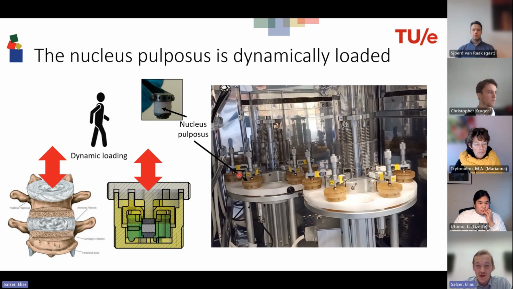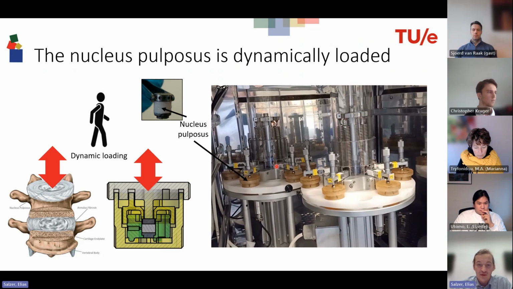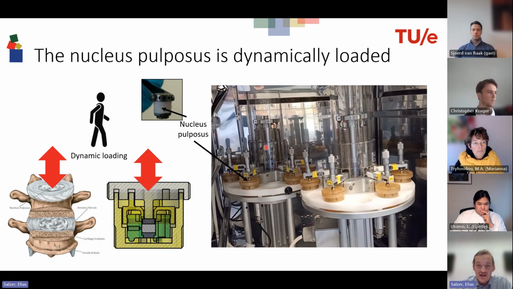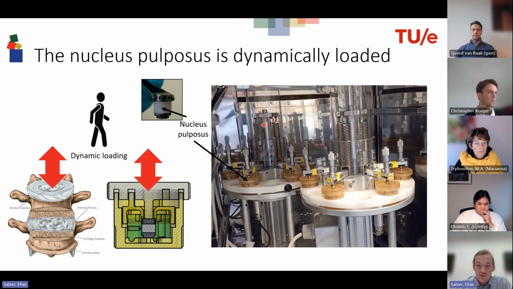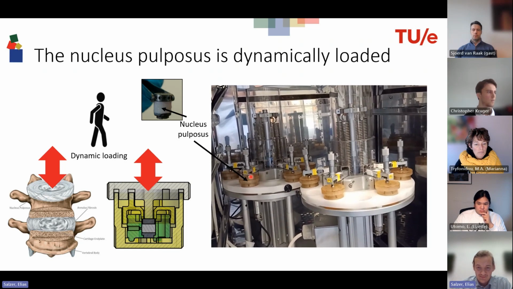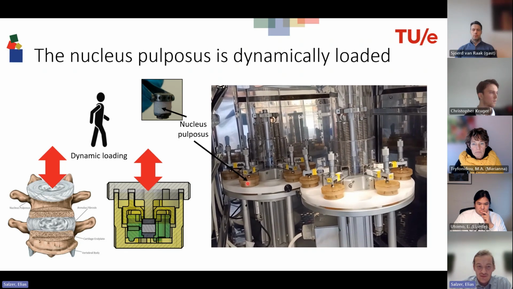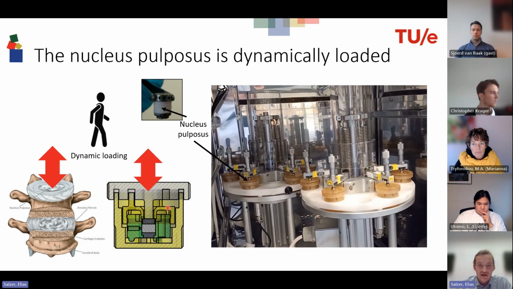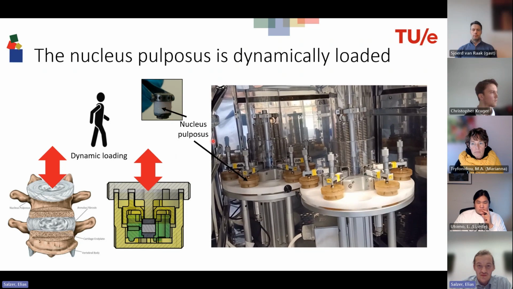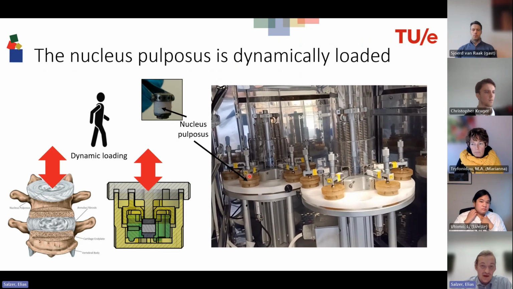A bioreactor is a machine which can mimic the load of the intervertebral disc. So you can see here the springs, and they move up and down, which is a biomotor that we can control. And via this arm, it is connected to our culture chamber. And in this culture chamber here on the left, we have our nucleus pulposus tissue. So now it is compressed dynamically like it is in the human body.